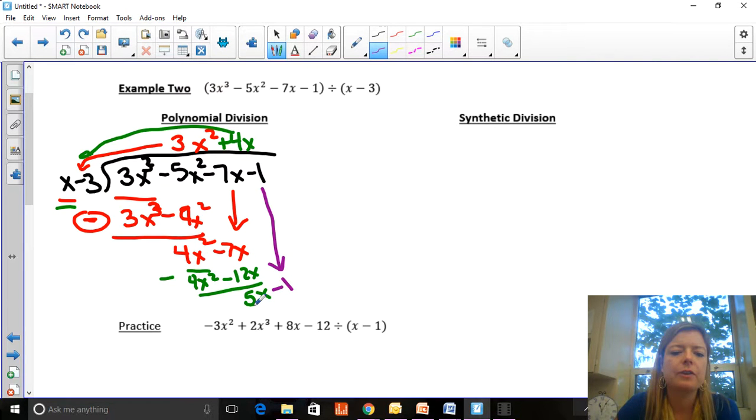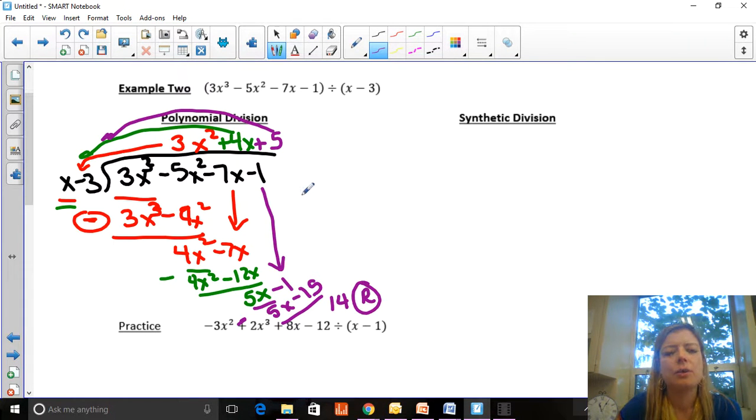So now we're doing the first term, 5x divided by x is plus 5, okay? So 5 times x minus 3 is 5x minus 15. Okay, so we subtract that, and negative 1 minus negative 15 is positive 14, which is the remainder.